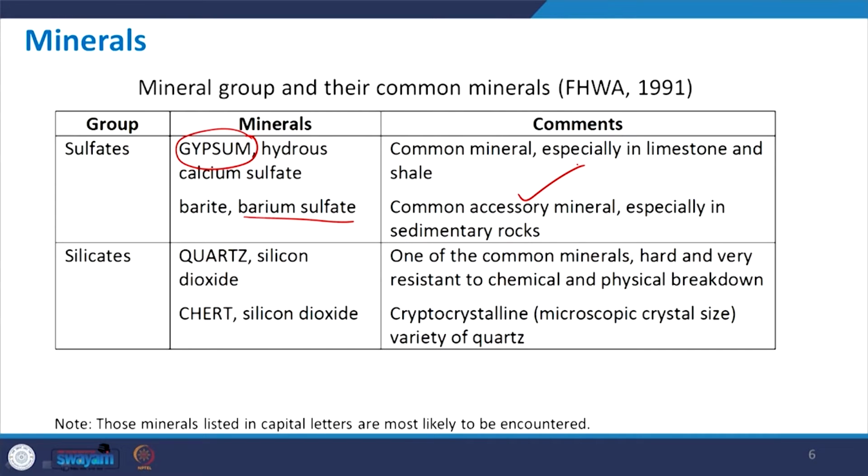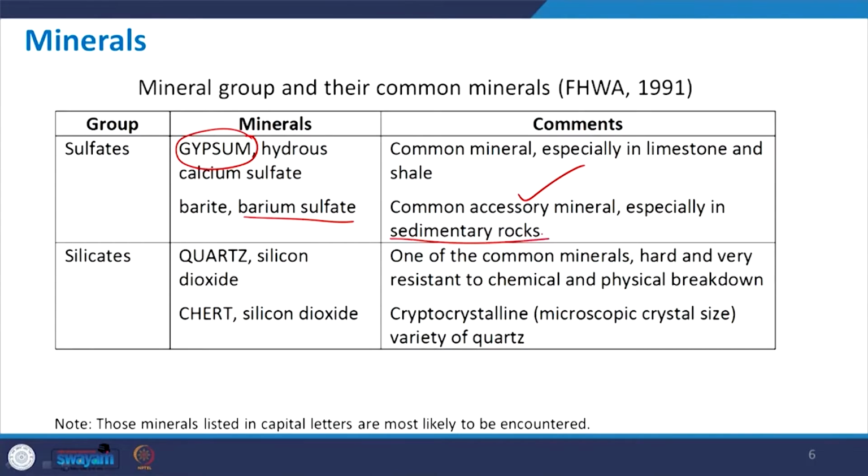I will explain these three different classes of rock, where sedimentary rock is one class. Now coming to the next group, silicates, which is the largest group amongst these mineral groups.